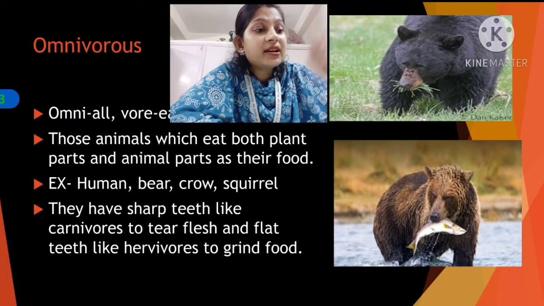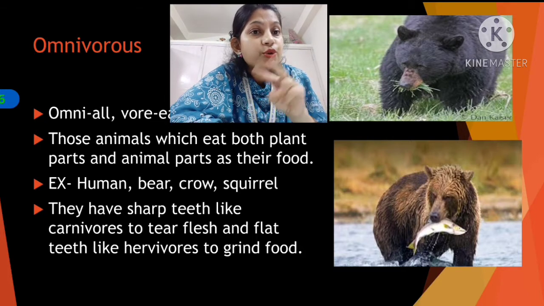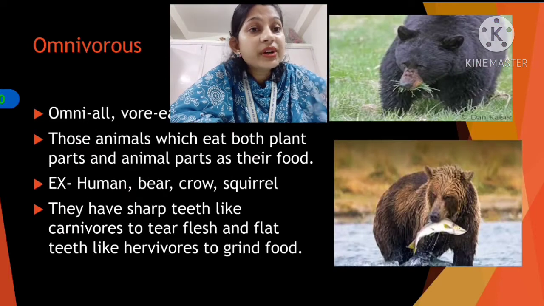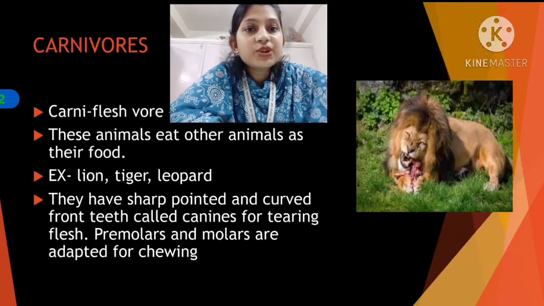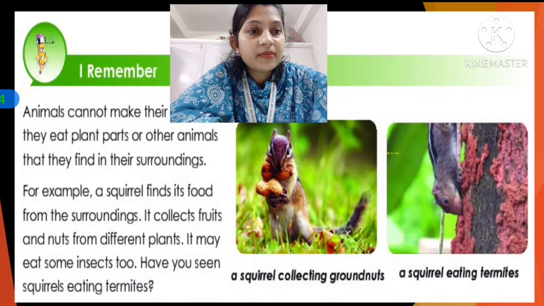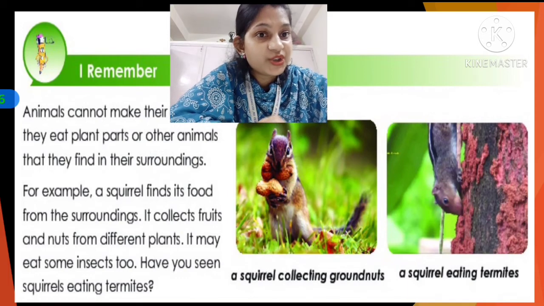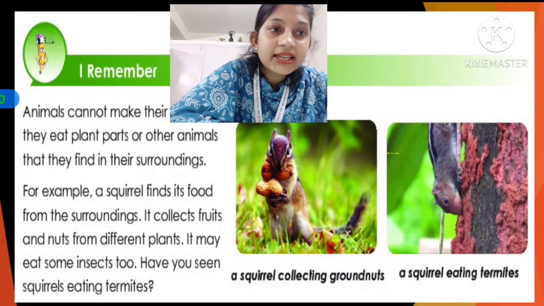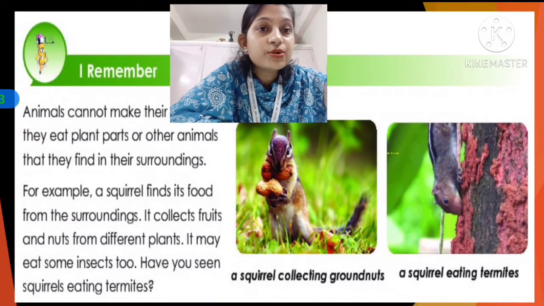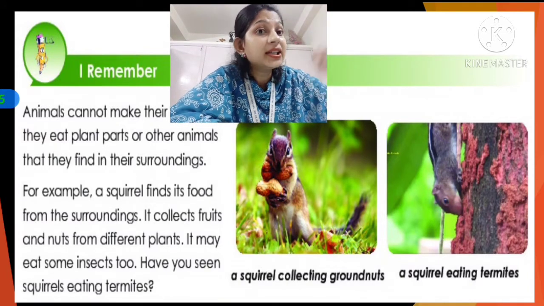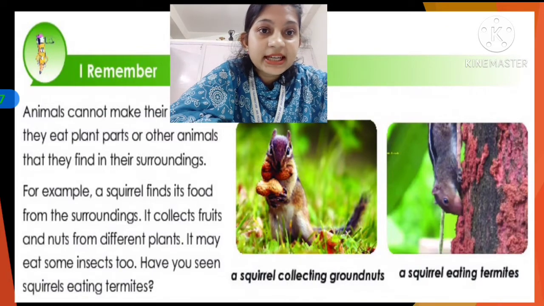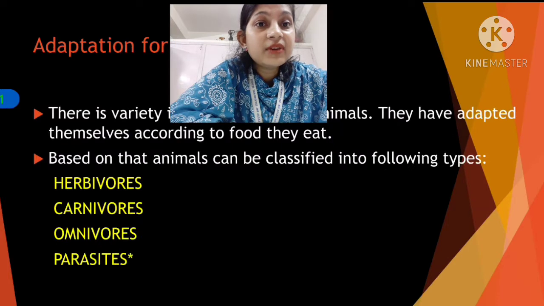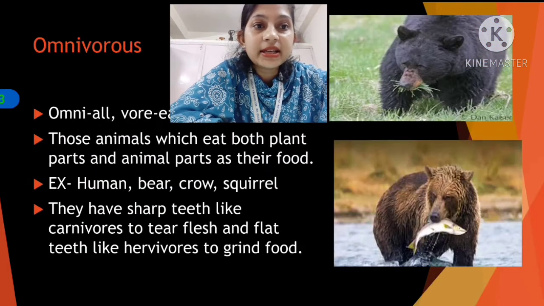You remember in the first I have shown you a picture of a squirrel. It was the same one. Yes, that squirrel in your book, that picture is given. Now see this picture I was talking about. Here it is eating groundnut. It is a plant source, and again in the second one it is eating termite, so it makes it carnivorous. It is eating another organism, isn't it? So it is an omnivorous. Okay, I will be giving questions based on that, so please listen carefully.